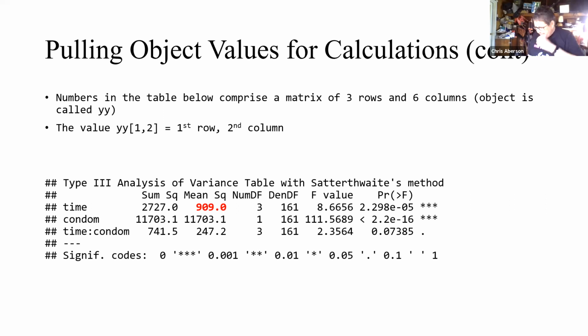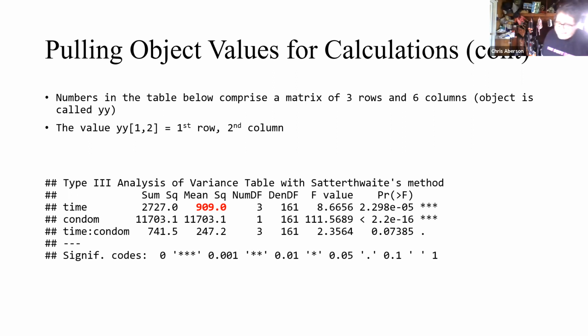Here's a little bit on using objects to do calculations. I mean, you can do calculations by hand, but if I'm sitting at a computer, I'm kind of loath to be doing calculations by hand. So the numbers in this table, in fact, this object is just holding a set of numbers. And we can specify different numbers using this format. YY, that's the name of what I call the table. 1, 2. 1 means take the value in the first row and second column.